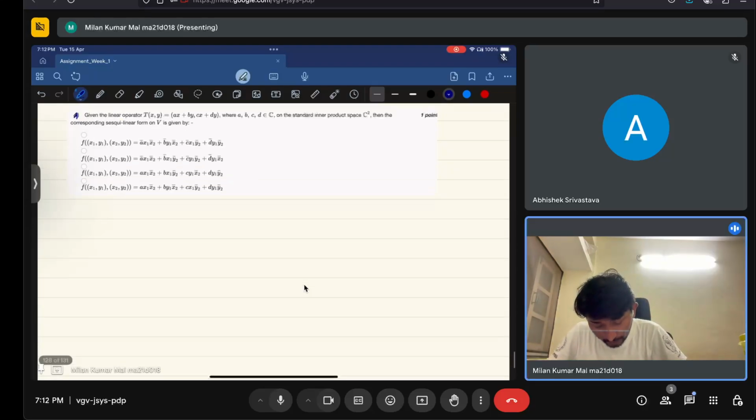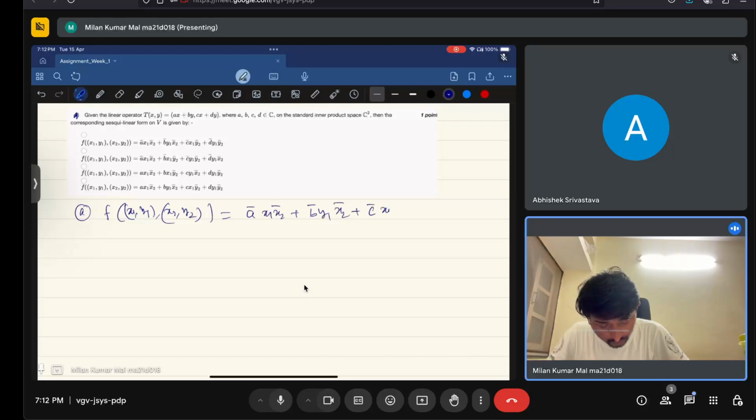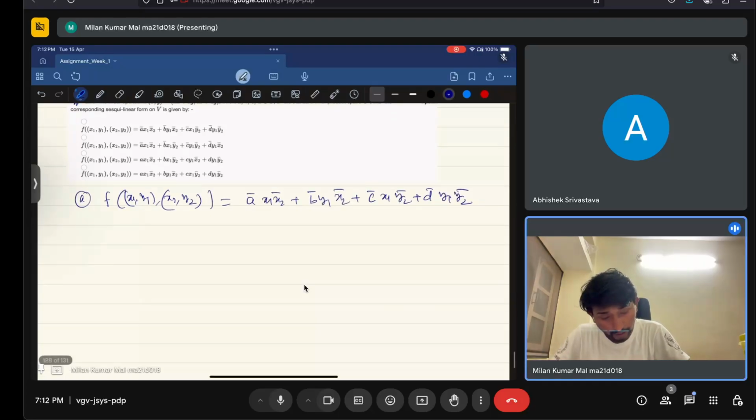Option A is giving that f of (x1, y1), (x2, y2) is equal to a bar x1 x2 bar plus b bar y1 x2 bar plus c bar x1 y2 bar plus d bar y1 y2 bar. You can look here, we have these coefficients with the bar also, right? So no problem. Let's try.